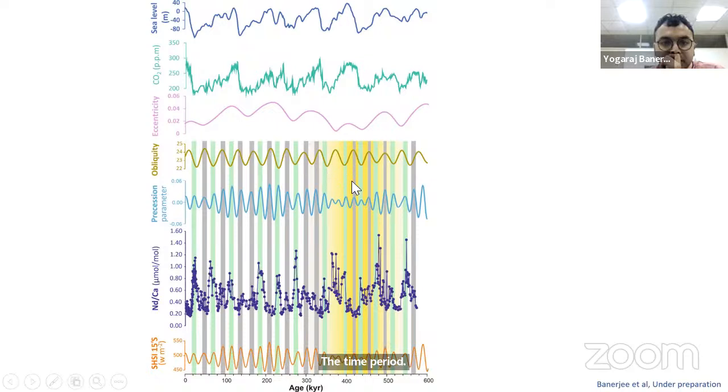And in this particular figure, the yellow shaded regions are representing the time period when in the wavelet spectra we got the dominance of the 100 kilo year cycle, and this is around 350 to around 550 kilo year.